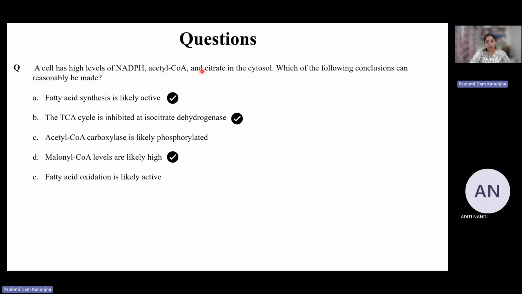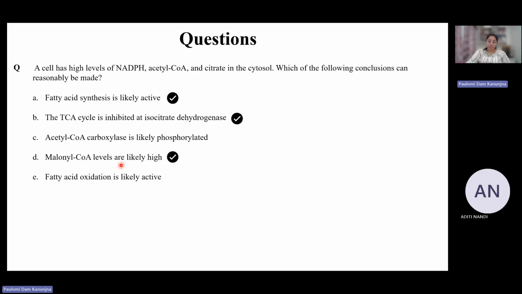Exactly, what is the problem here? If you have more citrate and it is not being utilized, it means TCA is somewhere not working properly, right? Fourth says malonyl coenzyme A levels are likely high. That's because you have citrate, which will activate ACC. And you remember, if ACC is high, then you have the conversion of acetyl coenzyme A to malonyl coenzyme A.